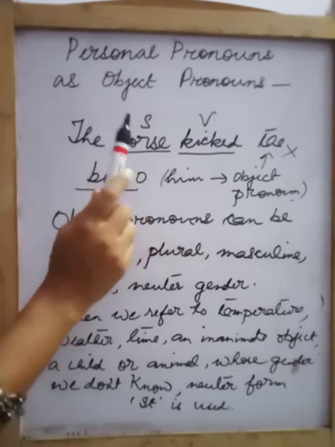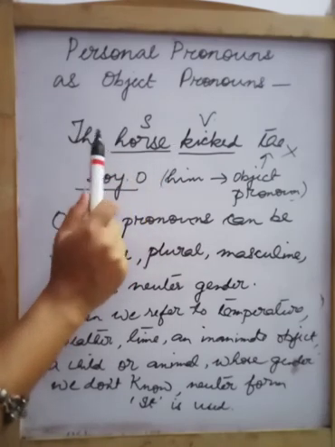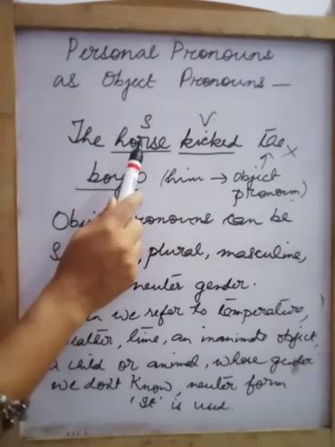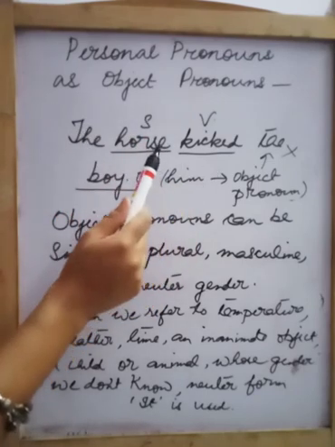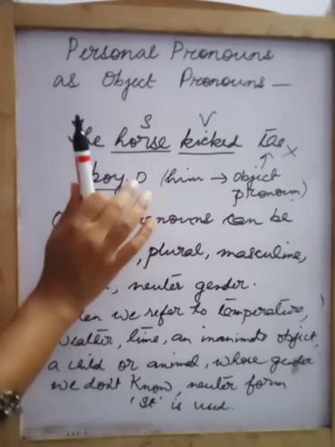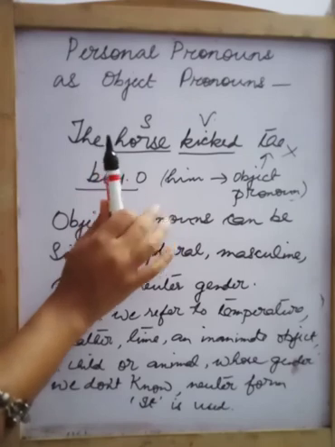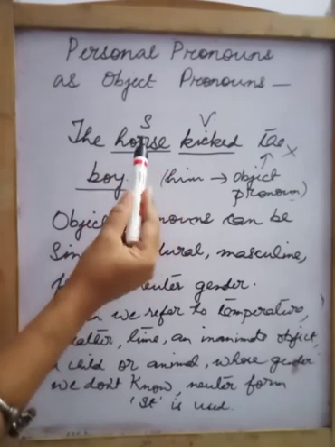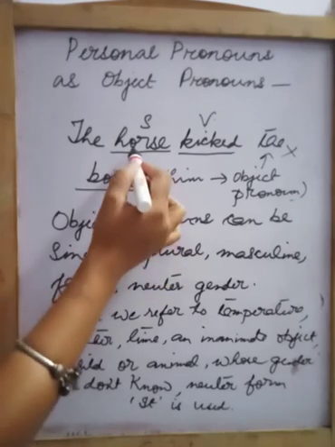So this is the example I have given just to make you understand how you will identify. First you identify the subject, then you identify the verb and the object. If the subject and the object have not been specified with some particular name, but the pronoun has been used, then in case of the subject, it will be the subject pronoun. But here, see, a noun has been used.